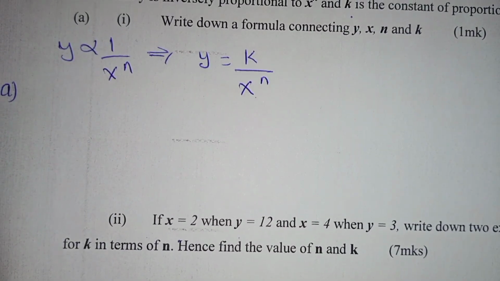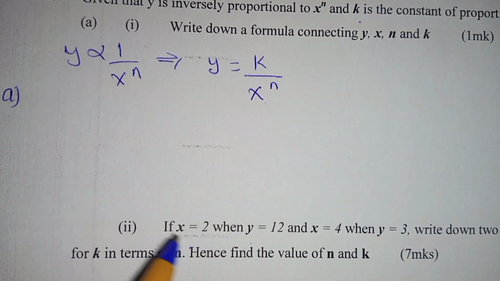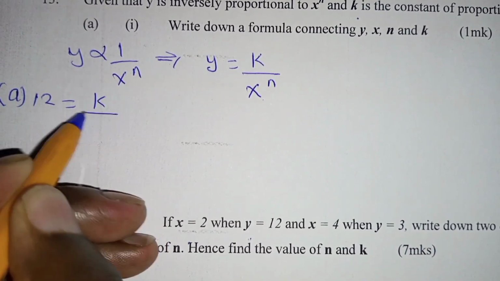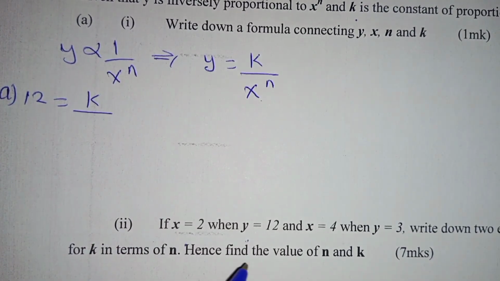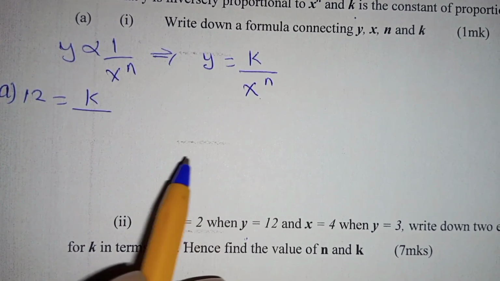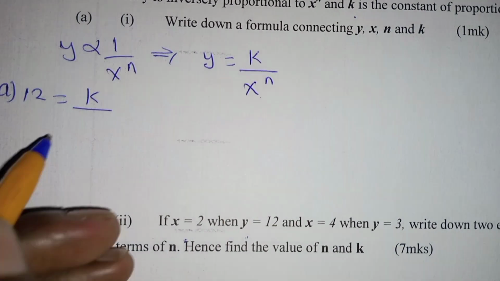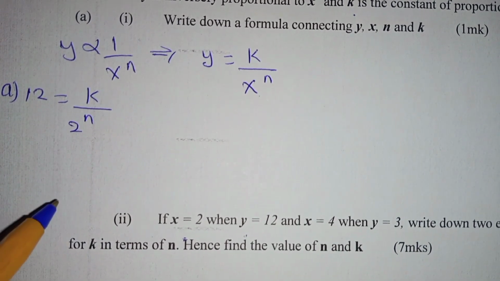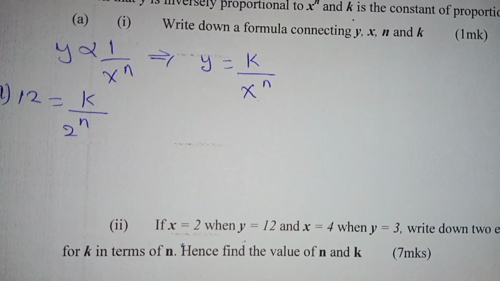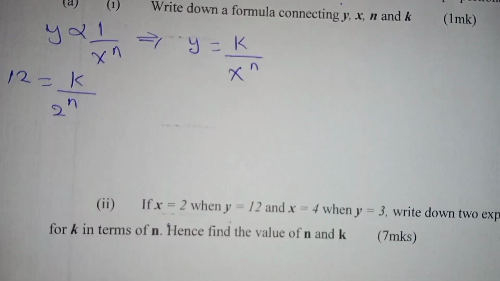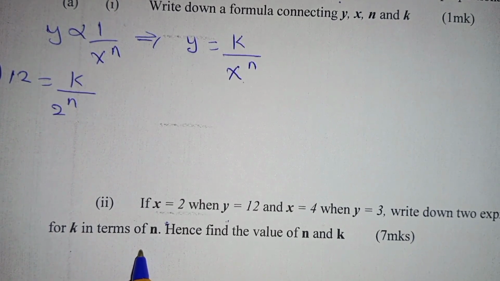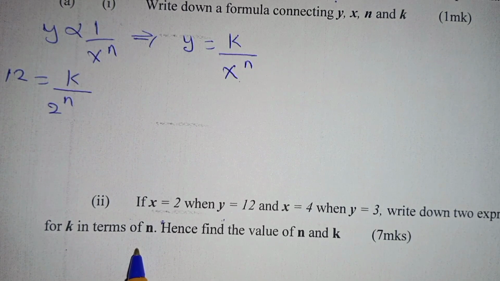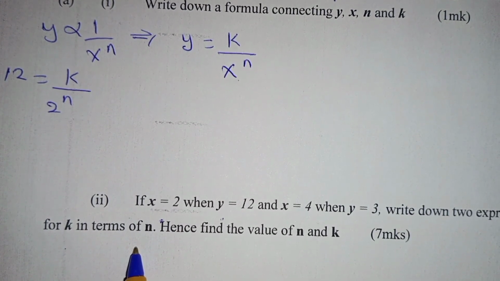Condition A, we are applying condition A whereby y is equal to 12, which is equal to k over our x is 2, so you have 2 power n. The other condition, we are told to write down two expressions for k in terms of n, hence find the value of k and n.